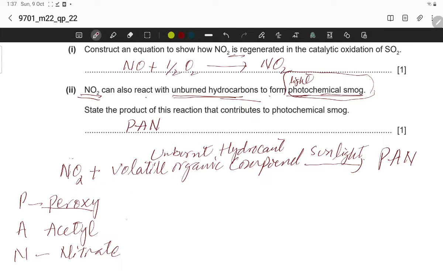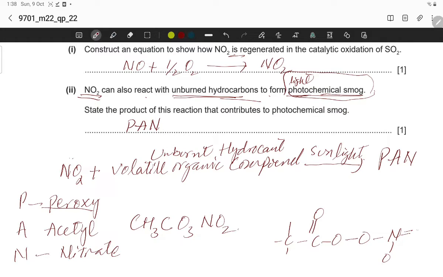Peroxyacetyl nitrate. So the formula of this compound is CH3CO3NO2. The structural formula is C double bond O, O, N, O3.